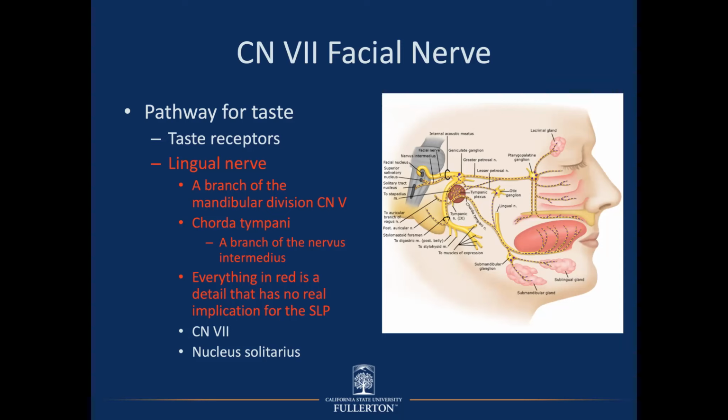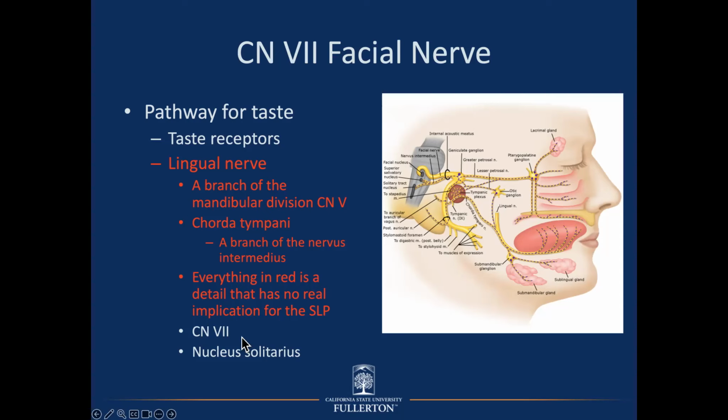For a while, even though we're talking about taste and a general sensation for the anterior 2/3 of the tongue, 5 and 7 both get involved, and they kind of cross some neurons with each other. So all I really want you to remember is general sensation for the tongue is subserved by the mandibular division of 5, and taste is subserved by the 7th cranial nerve.